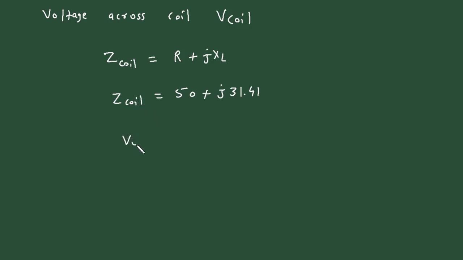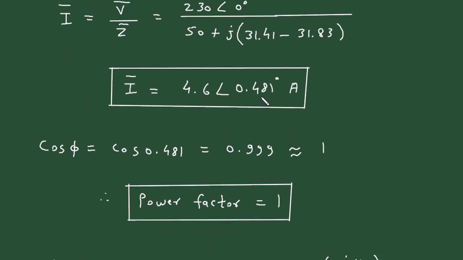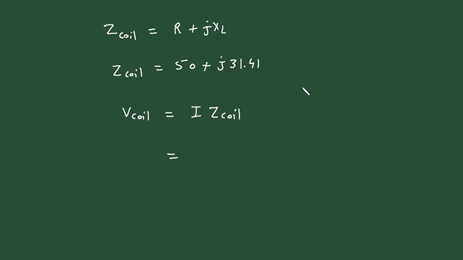And we have to calculate V coil. So V coil is equal to I into Z coil. The value of current I is same, that is 4.6 at an angle 0.481 degree multiplied by Z coil.